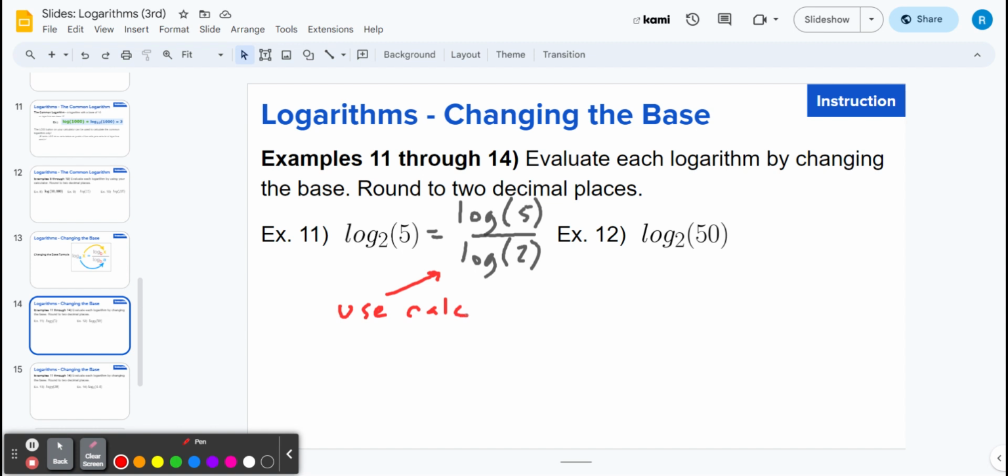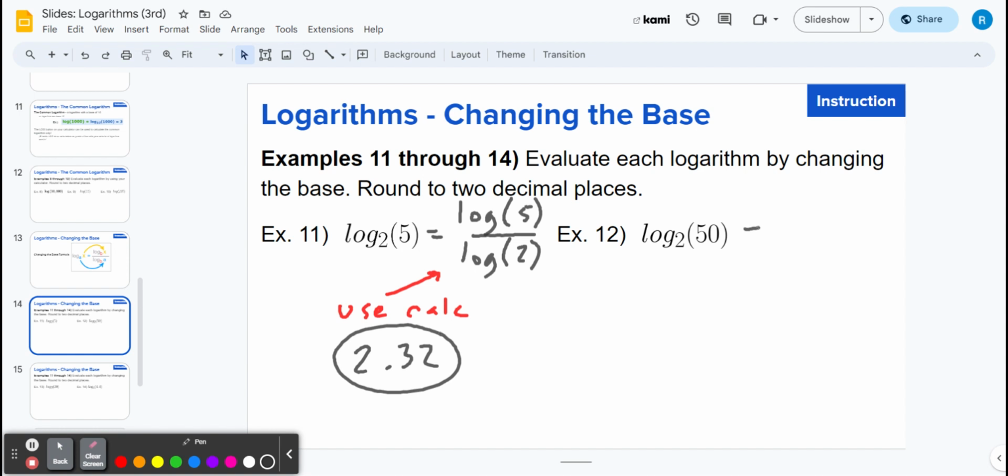We can simply go log of 5 divided by log of 2. And remember that fraction is our division. So our answer there is 2.32. Now this is something we would have never gotten by mentally working through it. Using that calculator, using that change of base is really helpful.